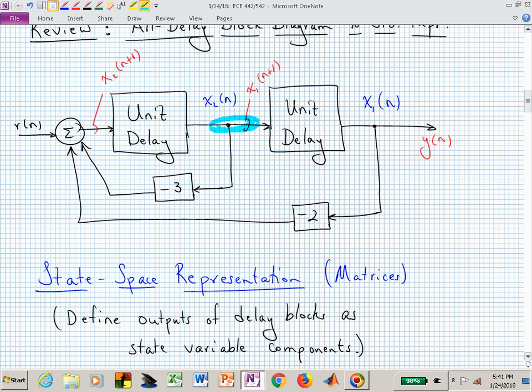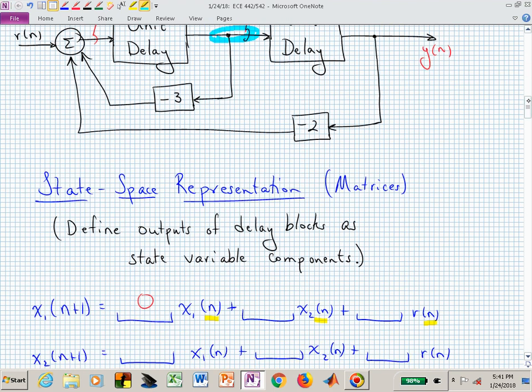And it's only x sub 2 of n. So that now we can write down, we have x sub 2 of n scaled by 1, and we don't have any input directly impacting x sub 1 of n plus 1. And this is really how x sub 1 of n plus 1's dynamics are generated. x sub 1 of n plus 1 at the next time step is some linear combination of the previous state variables and the input.